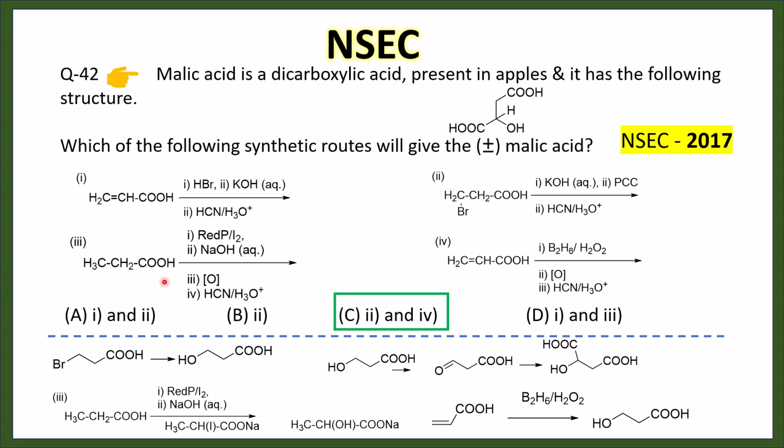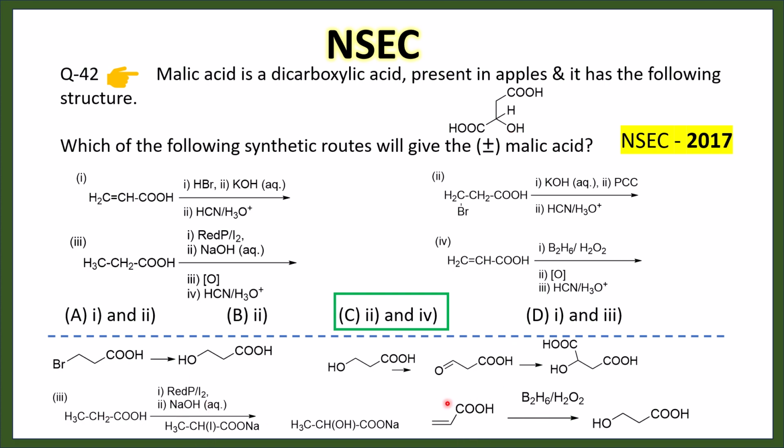Let's check synthetic 3. In this case, CH3CH2COOH with red phosphorus and iodine gives alpha iodination. Further NaOH gives substitution of iodide by OH, but CH3 is present, while there is no CH3 in the product, so this is not the right synthetic path.